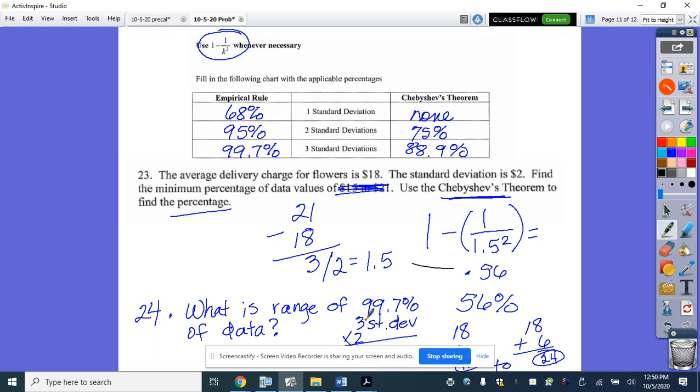So I'm going to take those 3 standard deviations times the standard deviation that I'm given in the problem, which is 2. So 3 times 2 is 6. So I'm going to do 18 minus 6 to get my first number, which is 12. And 18 plus 6, which is 24, to get my second number. So my range would be 12 to 24. Hopefully that helps you get started with the review.